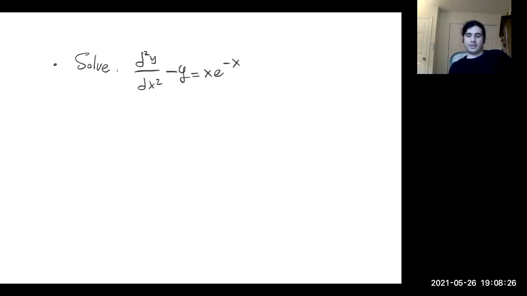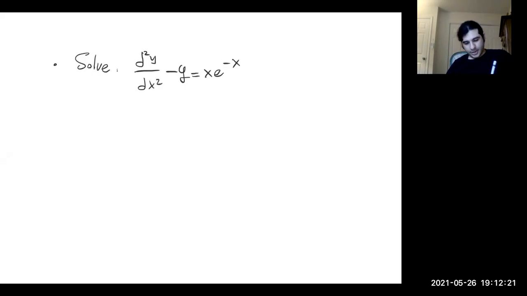So solve this equation: the second derivative of y with respect to x minus y is equal to x e to the minus x. Think about this one for a few minutes. Okay, let me try to do it the wrong way, to see why it doesn't work.